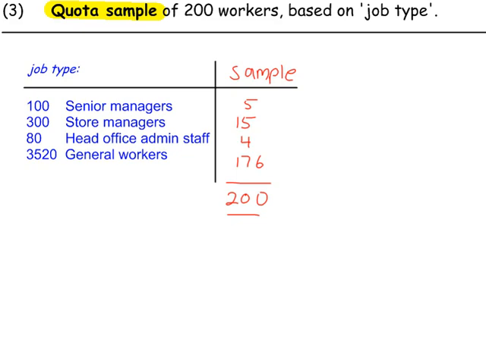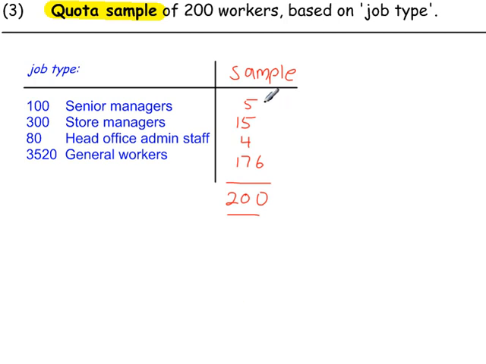A quota sample of 200 workers, again based on job type, is very similar to stratified sampling. In fact, a quota sample is referred to as a stratified sampling with convenience. So once you've got to this stage, so up to here the working out is exactly the same as a stratified sampling.